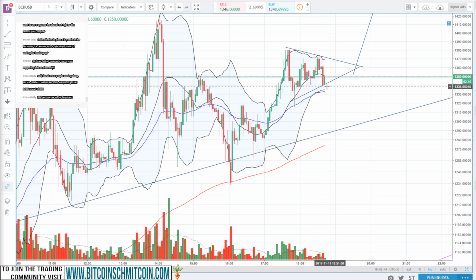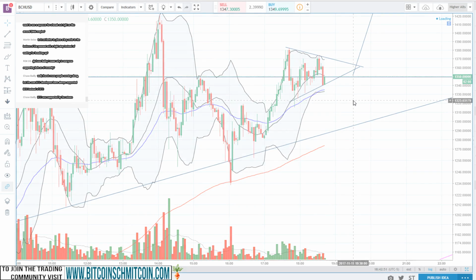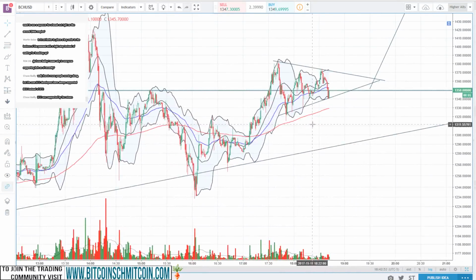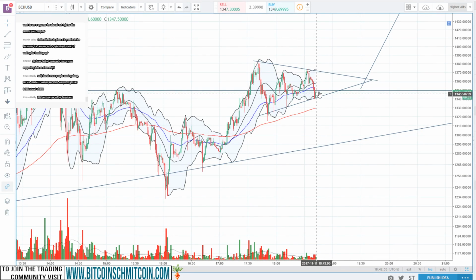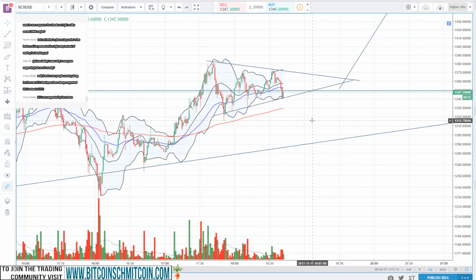All right, so we got another swing low here. Cool. So now we have more information on the market. Let's see if it closes here. Closes green.